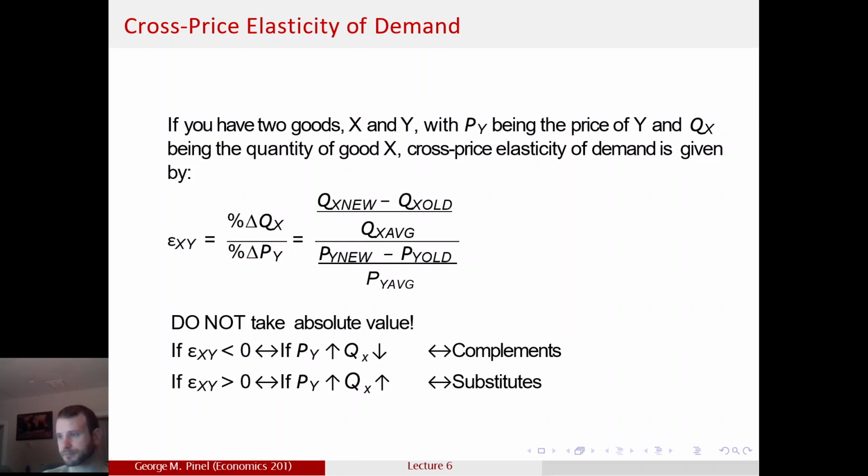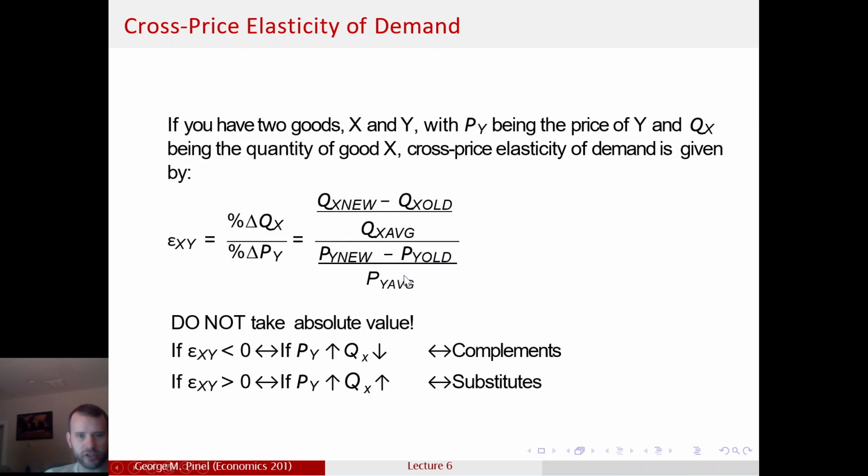And vice versa. If the cross-price elasticity of demand is greater than 0, that means everything is working in the same direction. The numerator is working in the same direction as the denominator, which means that if the price of Y goes up, then the denominator is going to be positive, since PY new is going to be greater than PY old.